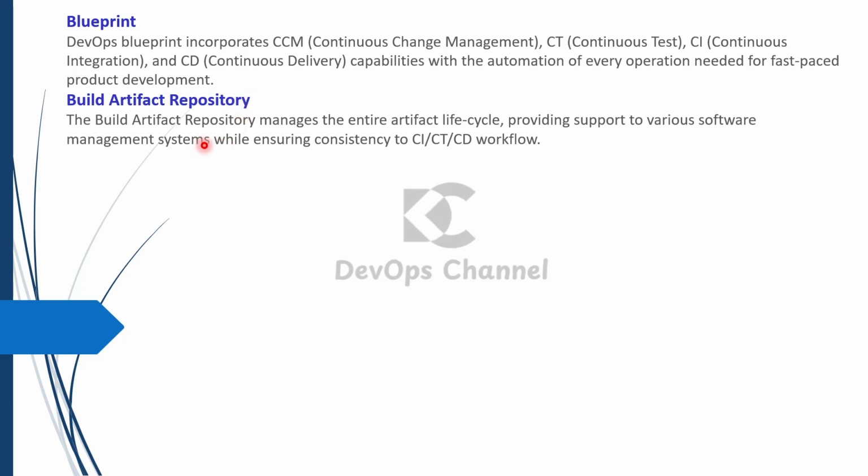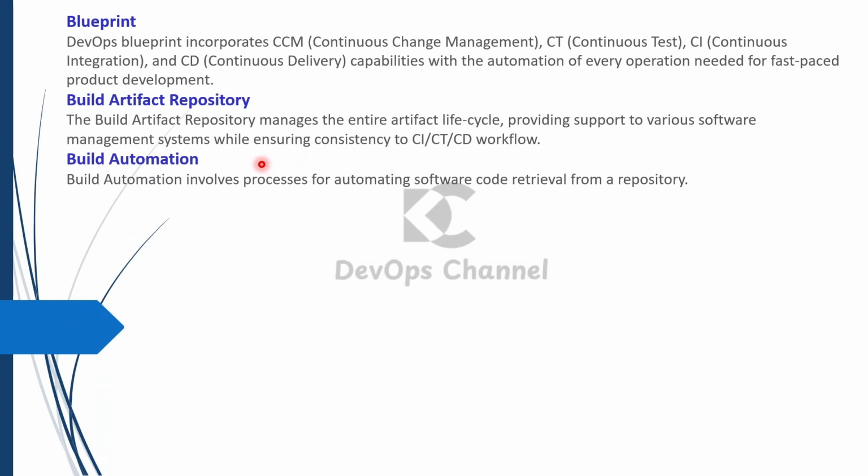The build artifact repository manages the entire artifact lifecycle, providing support to various software management systems while ensuring consistency to the CI/CD workflow. Here CI/CD we know, CT means continuous test. Next one is build automation. We have discussed this in a separate lecture. Basically it involves automating software code retrieval from a repository, building it, and testing it.